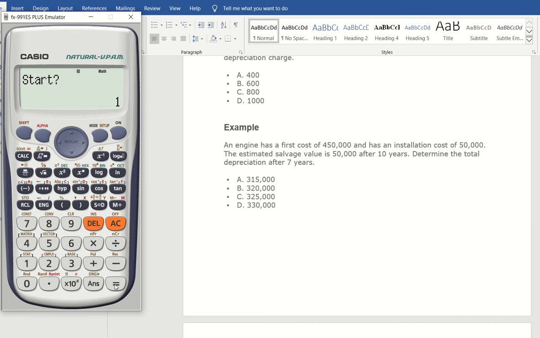Then just need to hit equals. So here the question is asking for the total depreciation charge after 7 years. So again, we will start at year zero equals, year seven. Then hit equals.